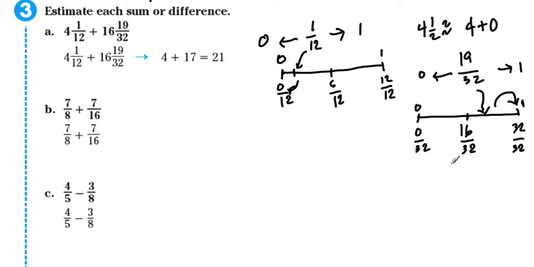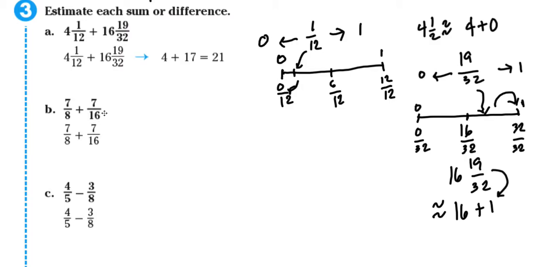Because now 16 and 19 over 32 is approximately equal to 16 plus 1, because 19 over 32 rounds to 1, and that's how you got 17. Long explanation for a short answer. So 4 plus 17 will give you 21. Let's take a look at the next example.